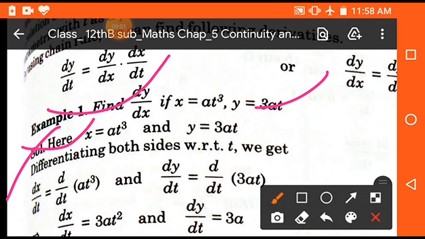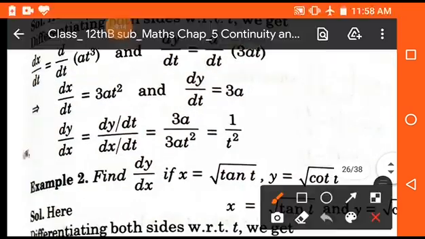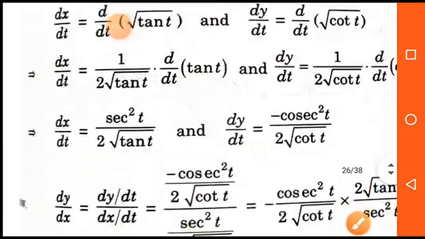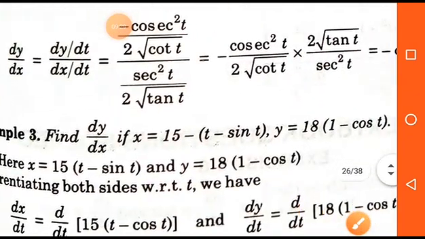You get dx upon dt, that is 3at square, and dy upon dt, the differentiation of 3at, is 3a. So by finding the individual values and after that putting them, dy upon dx is equal to 3a upon 3at square, that means 1 upon t square. So here t is the parameter. Clear students? Okay, take another example.